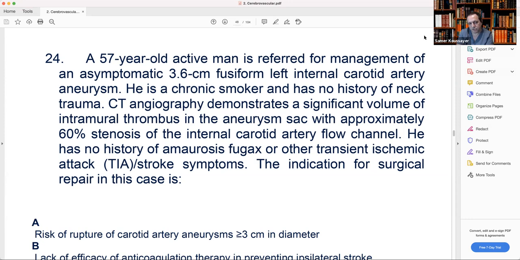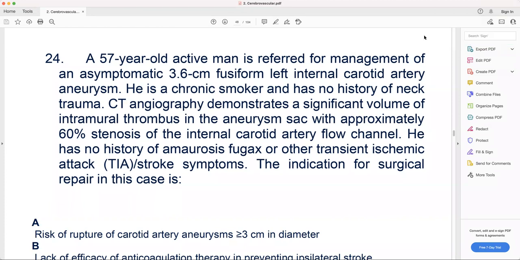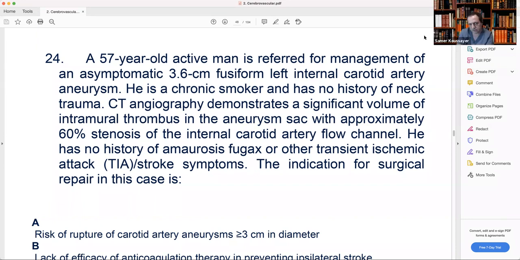So if it reaches double the size of the internal, they recommend surgery, or 1.5 times the common carotid artery, as one paper said. Nobody agrees on a certain size like 2.6, 2.5 or 2. So always remember that. But even if you don't remember, 3.6 is a big one.